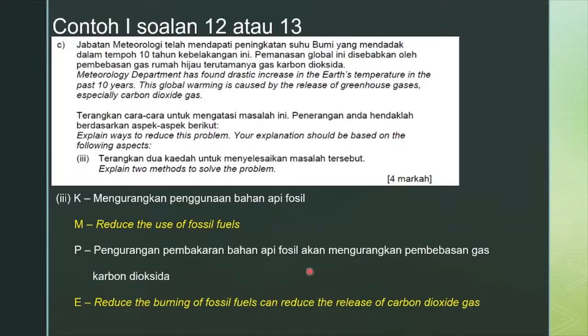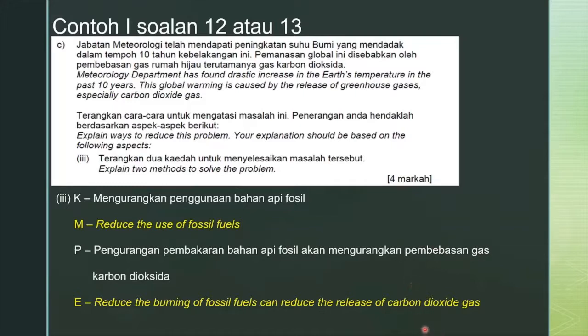Kemudian, markah yang kedua akan diberi kepada penerangan terhadap kaedah yang kita gunakan. Penerangan dia. Pengurangan pembakaran bahan api fosil akan mengurangkan pembebasan gas karbon dioksida. Menerangkan kepada kaedah yang kita gunakan. Jadi penerangan dia boleh mengurangkan pembebasan gas karbon dioksida.